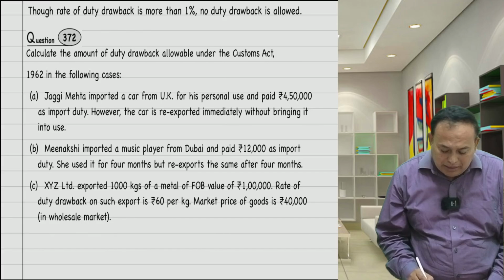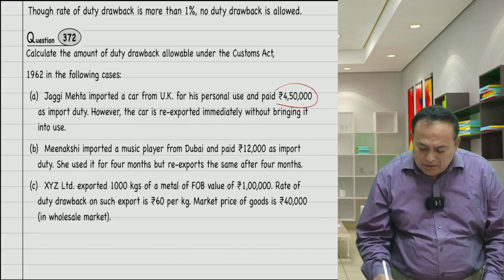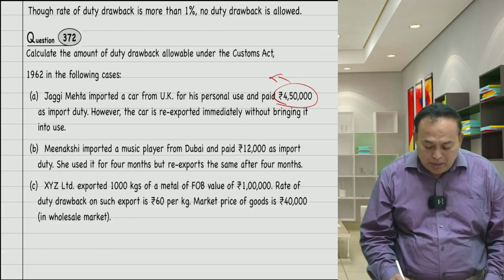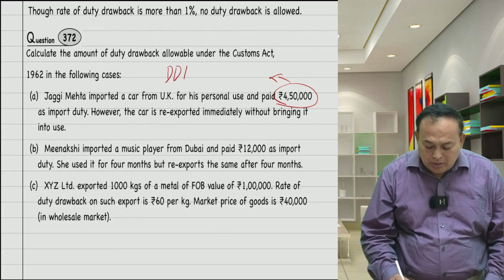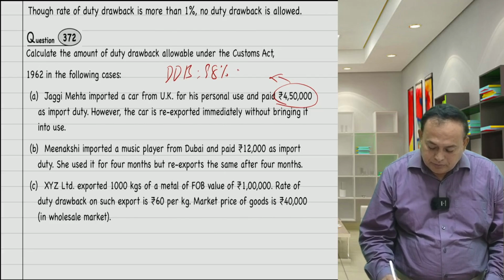Now, Jaggi Mehta imported and re-exported. He paid import duty of 4,50,000. What percentage is equal to the duty drawback amount? 98%. How much comes? 4,41,000 is the amount of duty drawback.